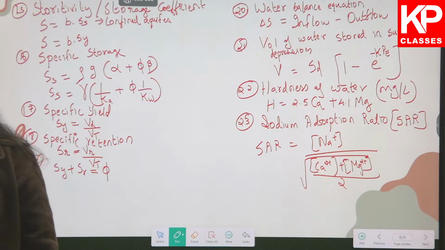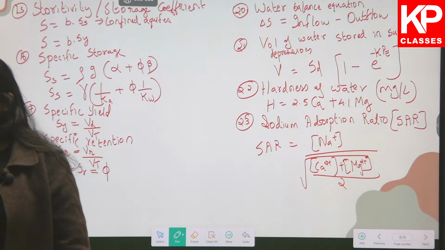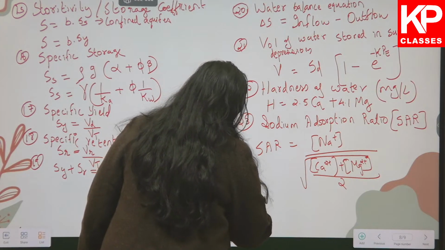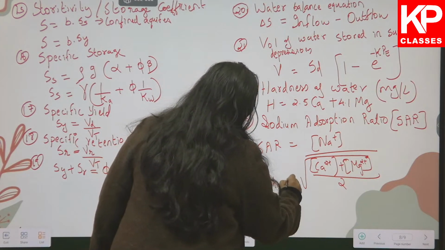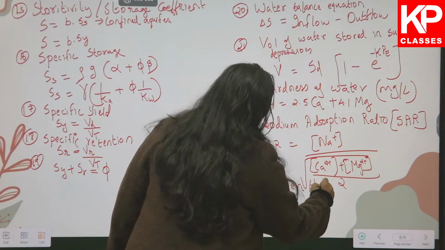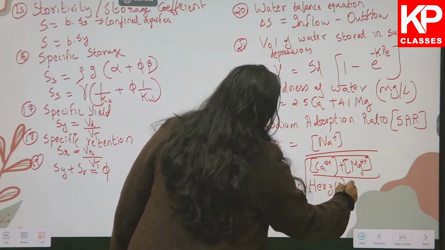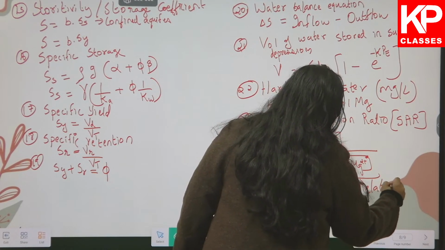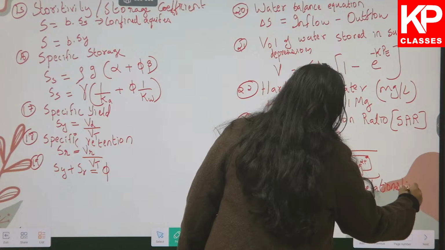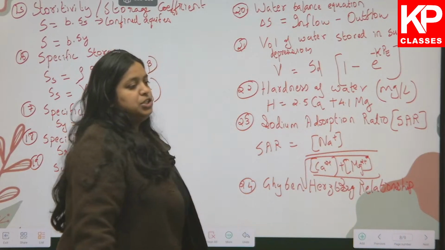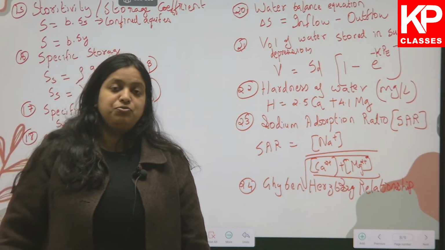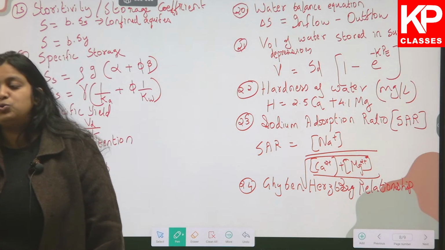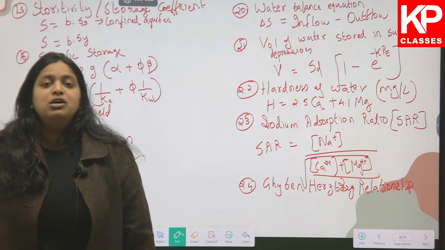Then the last equation is the Ghyben-Herzberg relationship. The Ghyben-Herzberg relationship is for defining the depth of salt water intrusion that has happened along the coastline.